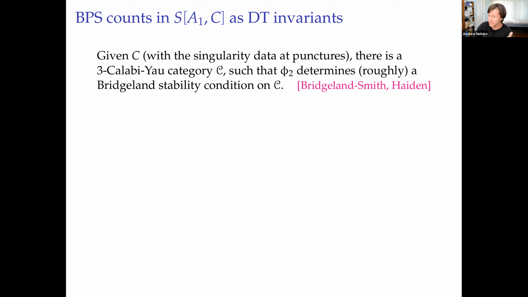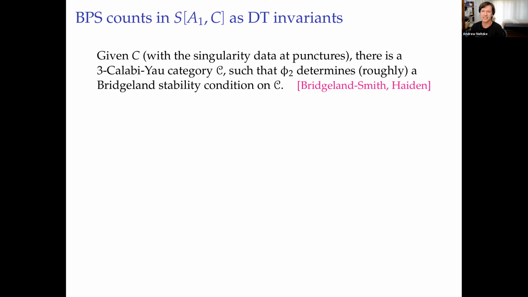One comment about these BPS indices: there is a general expectation that in any N=2 theory, it should be possible to think of these BPS counts as some kind of generalized Donaldson-Thomas invariants.